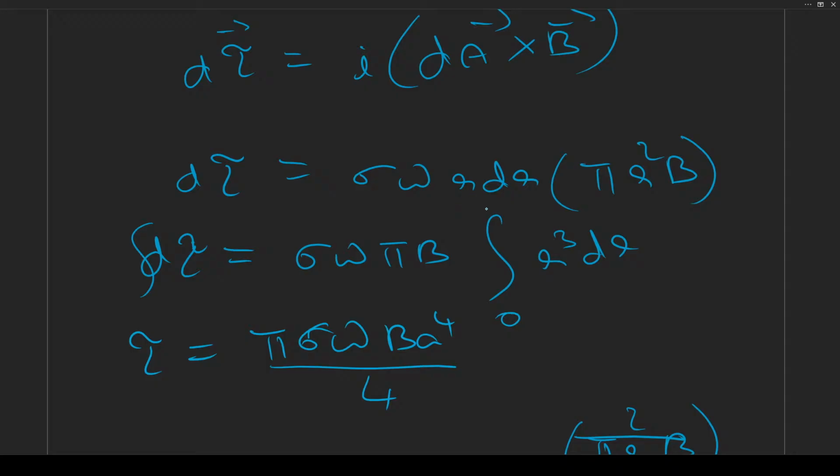This integration is from 0 to a. Here a is the total radius of the ring.